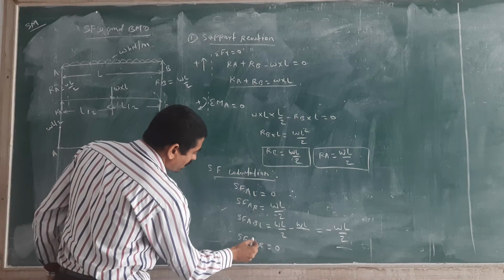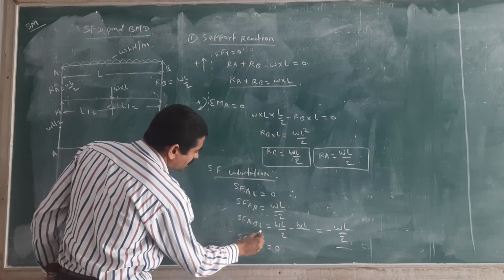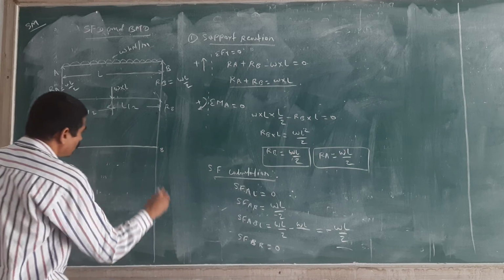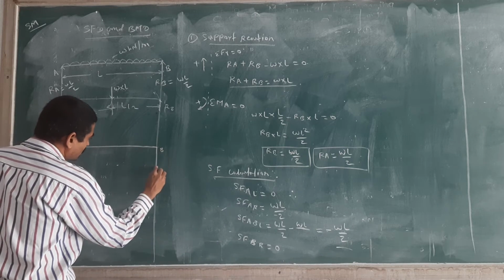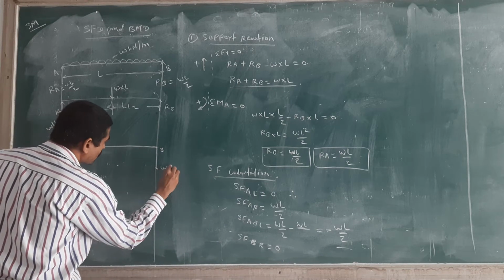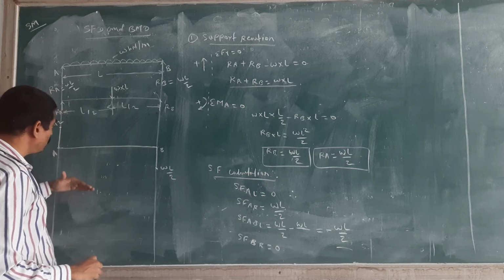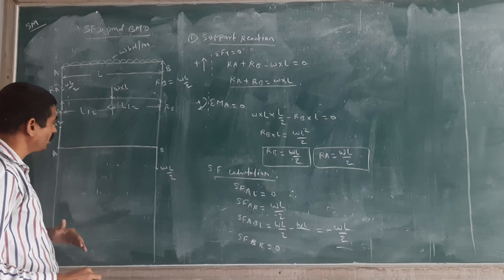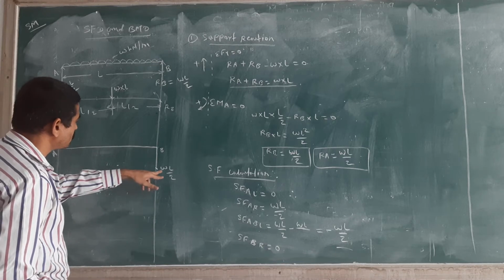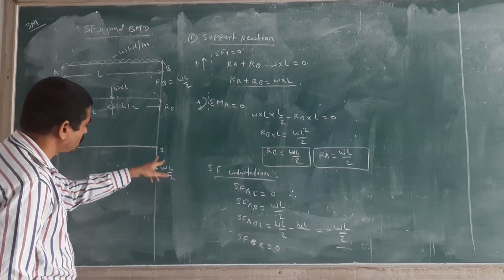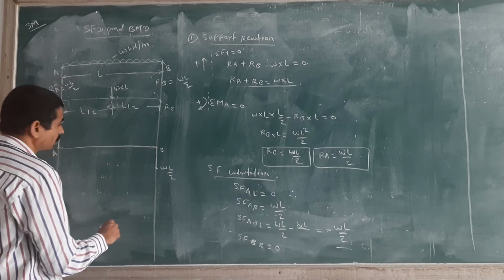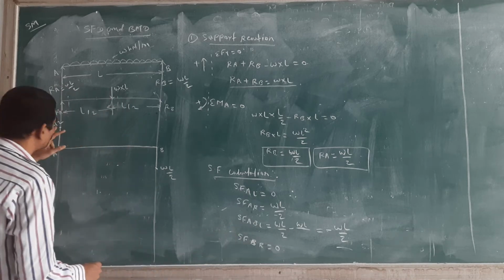Then SF at B, just left side, check that, minus WL by 2, in the downward direction, because below the 0 line you will get minus WL by 2. That's why we are coming in the downward direction. Then you have to join these 2 points.